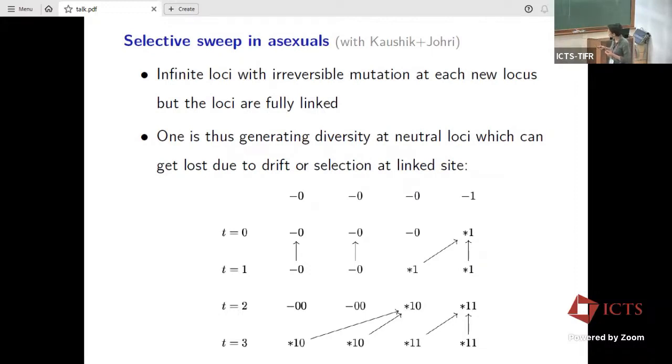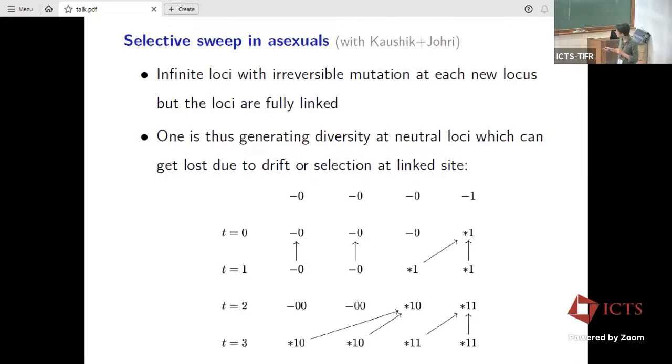So I'm just drawing things here differently. At time 0, I have dash 0, dash 0, dash 0. And at this locus, selection happens, and because it is selected, it produces more offspring here. Then at the second locus, a neutral mutation occurs, but that must appear at a new site, right? So at the second locus, I have a 0 and a 1 here, because I have to add it always at a new site.